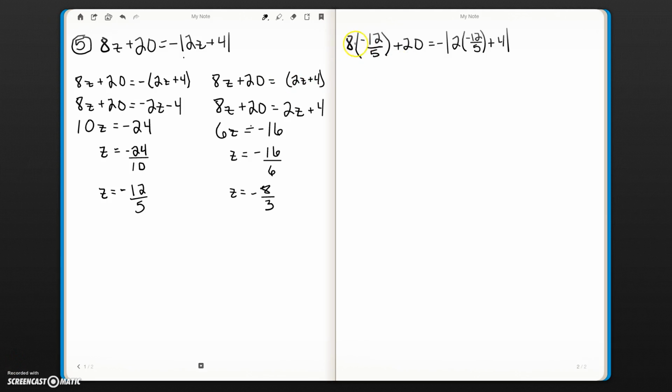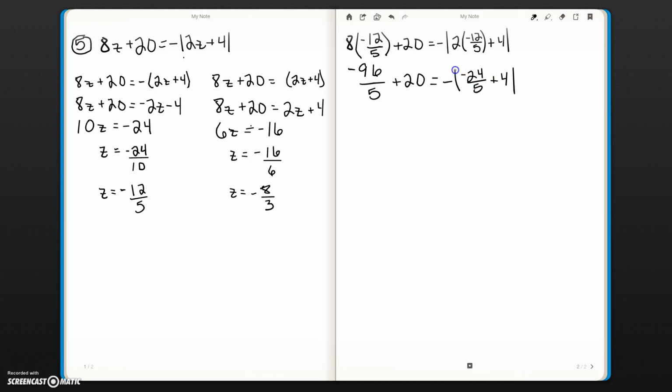So 8 times negative 12 is going to give you negative 96 over 5 plus 20 equals negative absolute value. 2 times negative 12 is negative 24 over 5 plus 4.